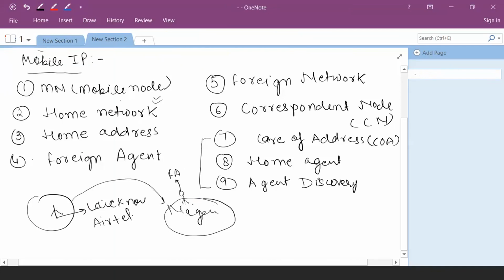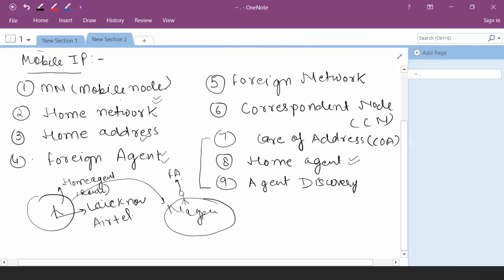It means the agent in the moving location, and the agent in the home location is called the home agent. So an agent is nothing but a router. Router is used for the discovery and the forwarding of packets, which we already learned. So this is the home agent and this is the foreign agent. So my home agent and my foreign agent are completed.